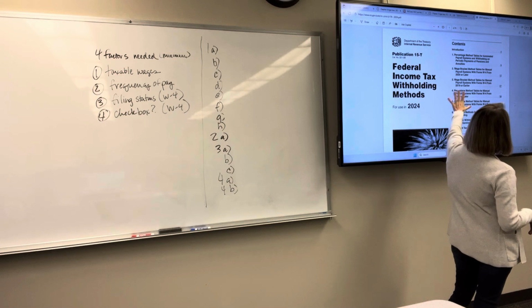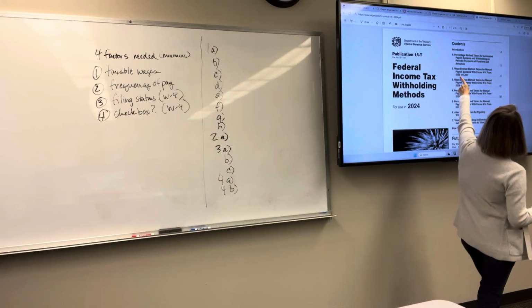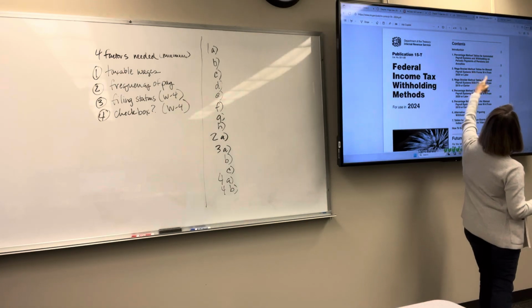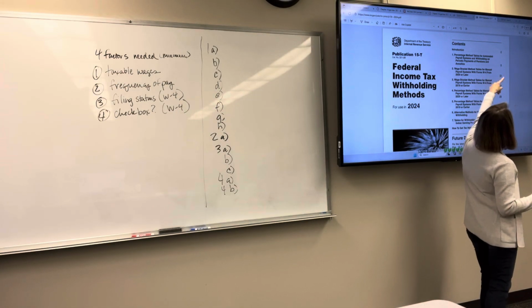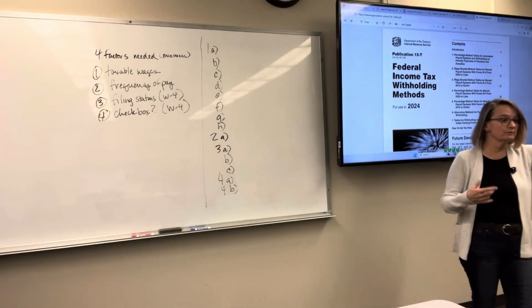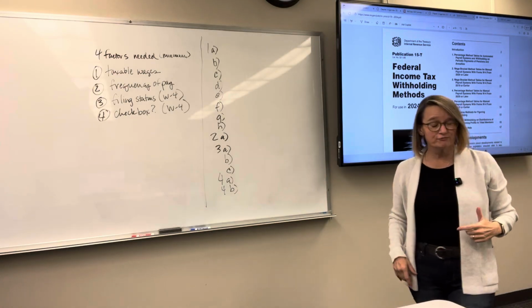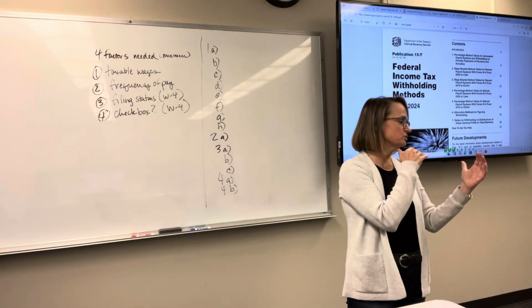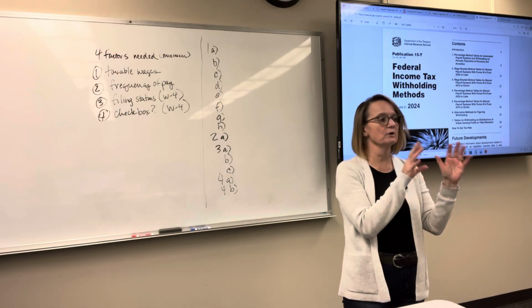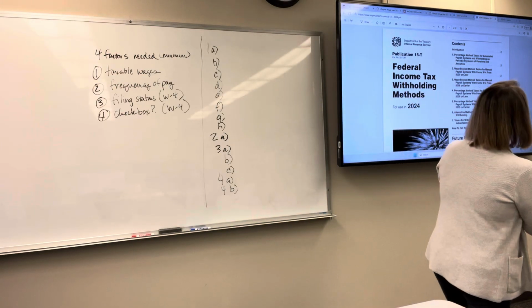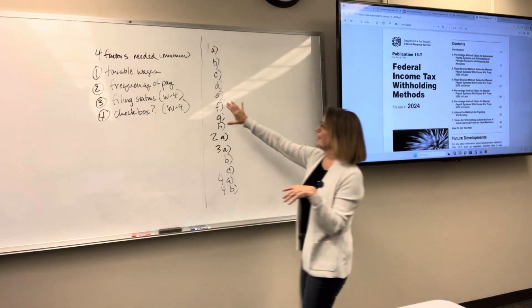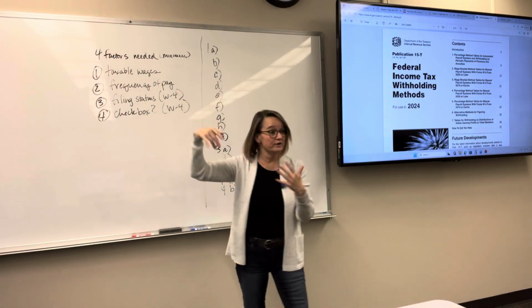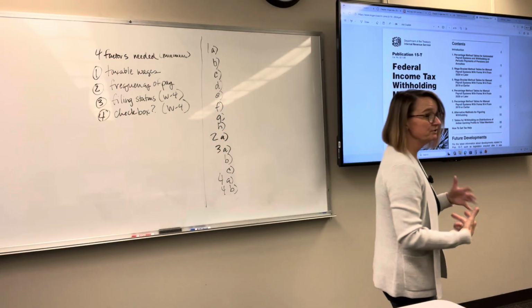The ones that we're going to use today are the wage bracket method tables for manual payroll systems, Forms W-4 from 2020 or later. Remember, we talked about the fact that the W-4 form changed. We instituted this new W-4 form starting in 2020. A couple of these factors changed with that updated W-4.